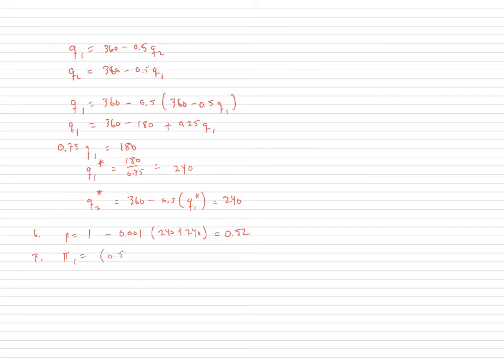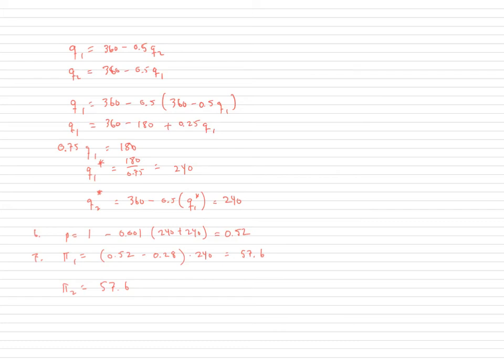You take the price minus the average cost, and remember here that the marginal cost is constant, and therefore the marginal cost equals average cost. And then multiply it by the quantity produced by this firm. So that's equal to, I calculated that before, 57.6. And by symmetry, firm 2's profit is also equal to 57.6.